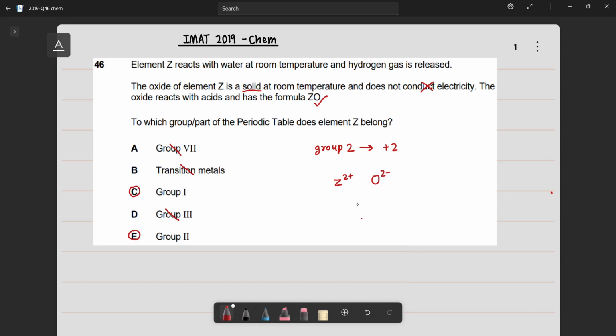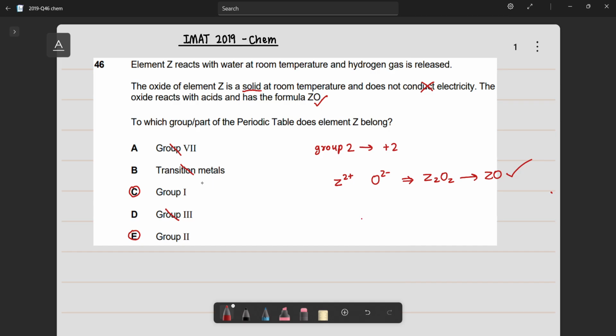If we cross multiply the charges, we get the compound Z2O2, which we can simplify to ZO. So yes, this is correct, and this is characteristic of a group 2 element.